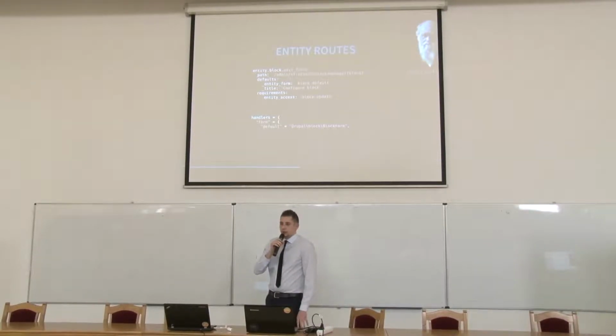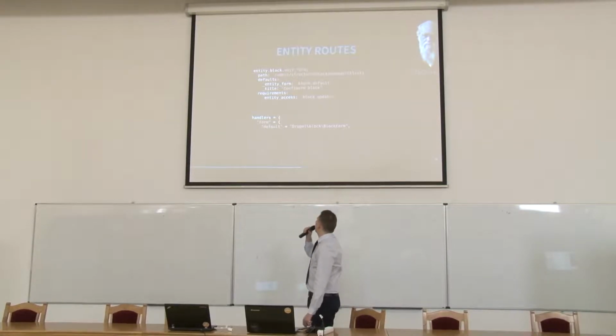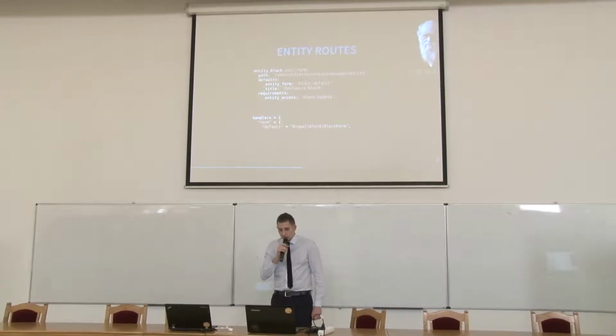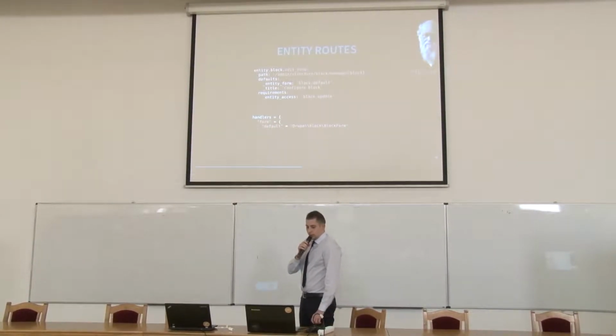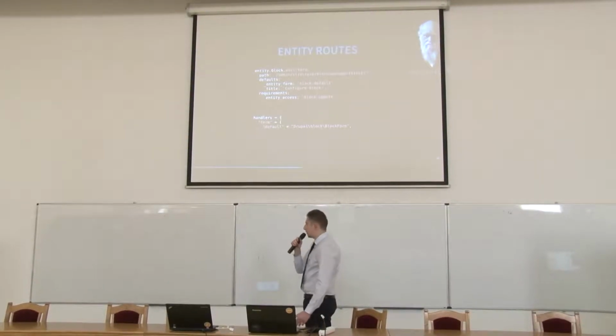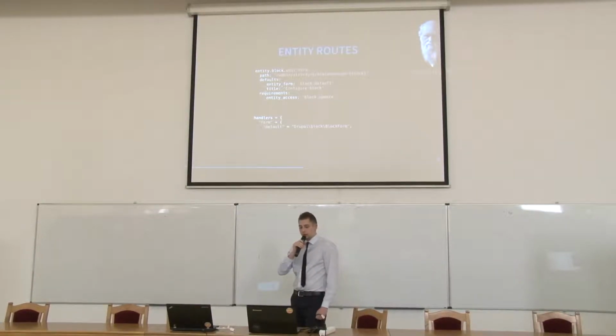We have the roots defined in the routing YAML files. And here is a typical example for the block edit form. So we have here the root name, which is the template that we have to define for the links, the entity.block.edit_form.